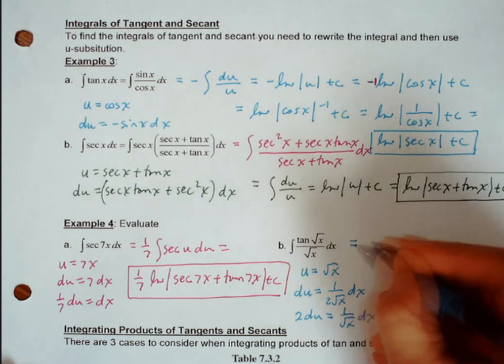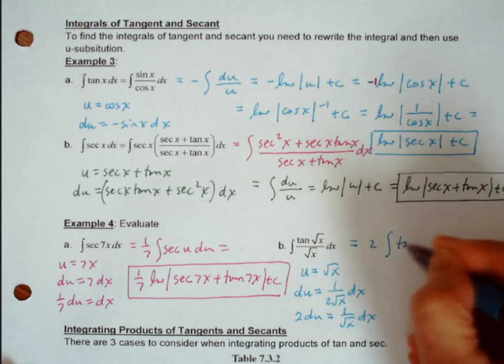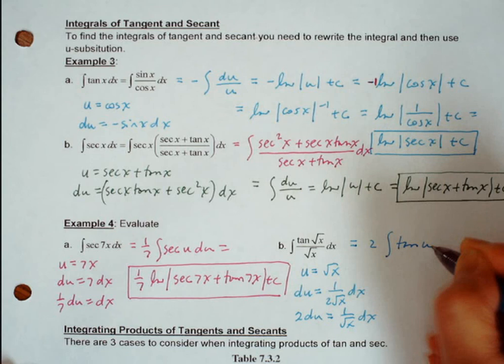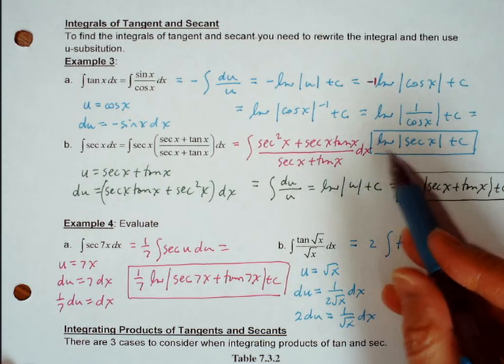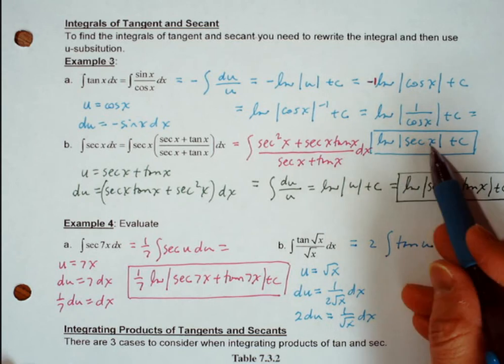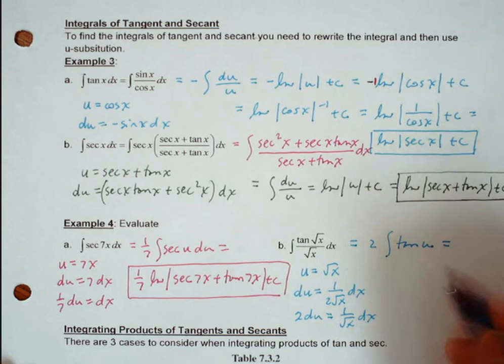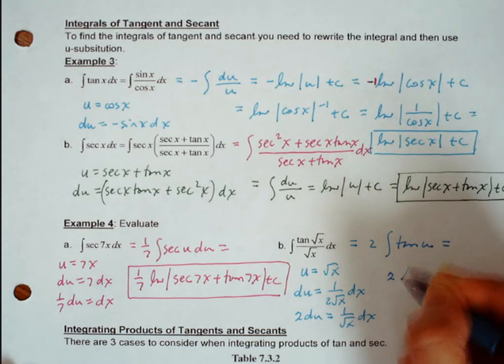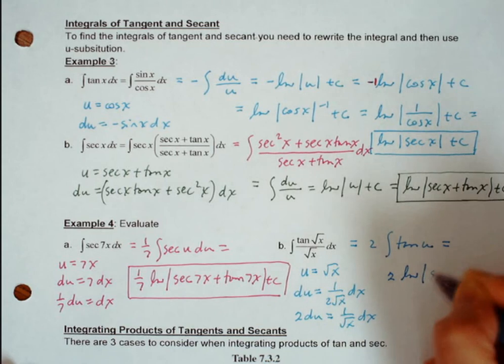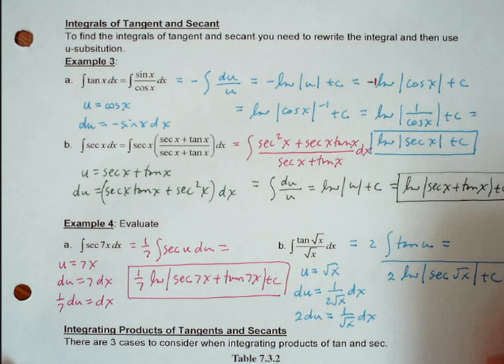Okay, so then making that substitution, I have 2 times the integral of tangent of u, and then I'll just use what I have up here, that the integral of the tangent of x is the natural log of the absolute value of secant of x plus c. So then my answer here will be 2 times the natural log of absolute value of secant of square root of x plus c.